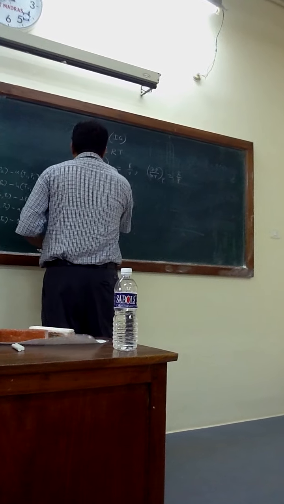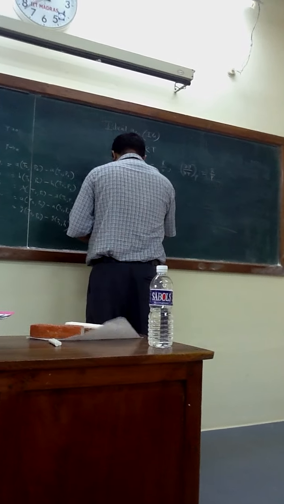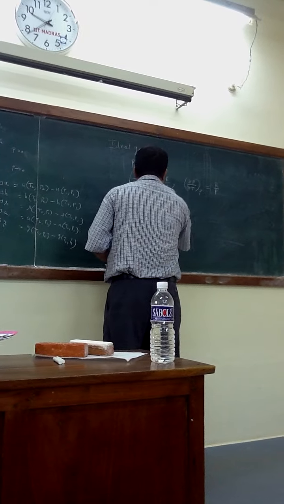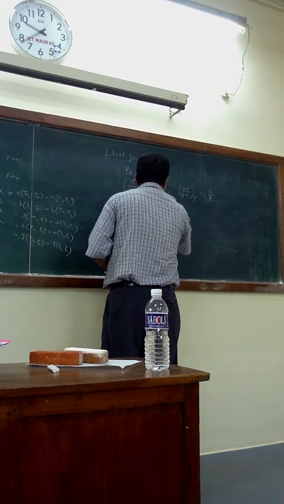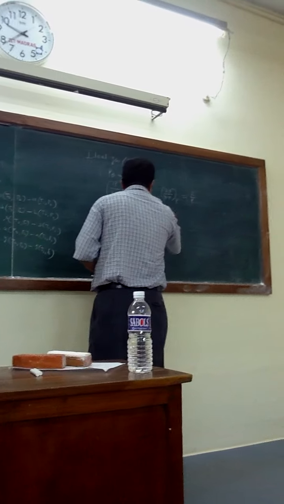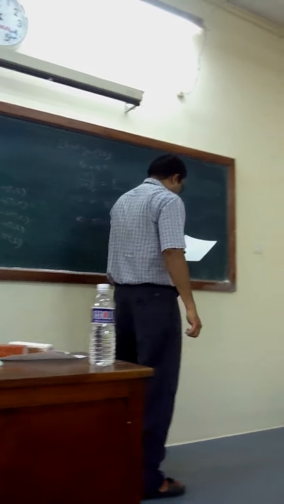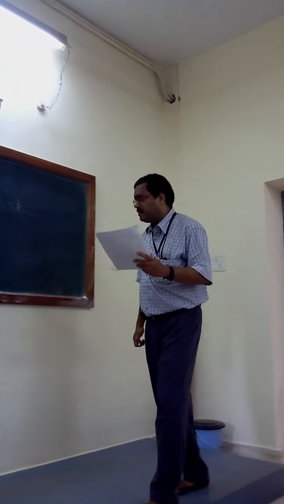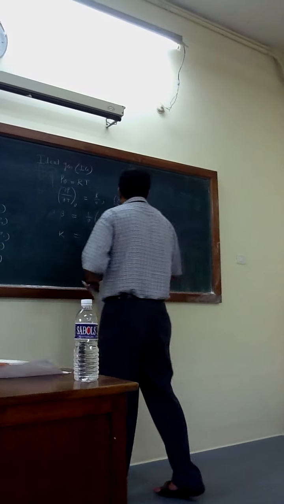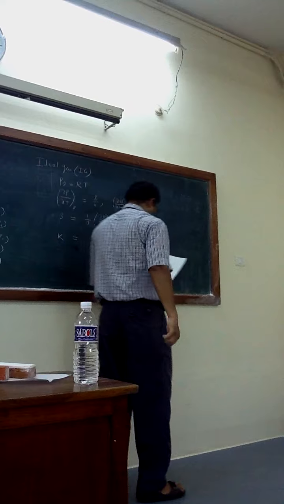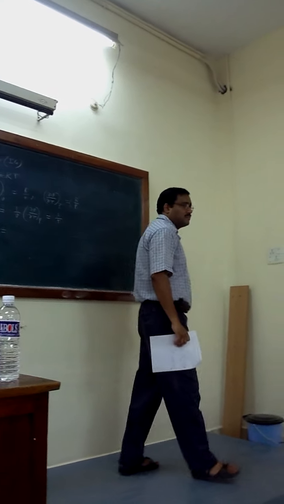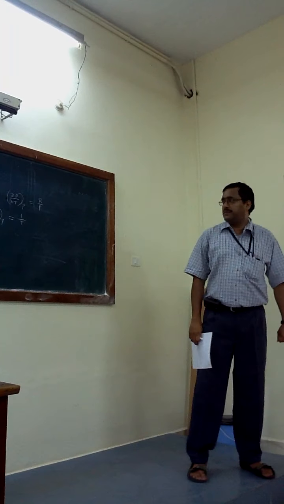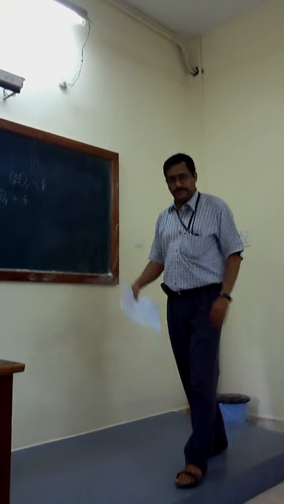Now one can calculate beta, one can calculate kappa. So beta is 1 by V dou V by dou T at fixed P. How much is it coming? PV equals RT, so from that we get 1 by T, right?